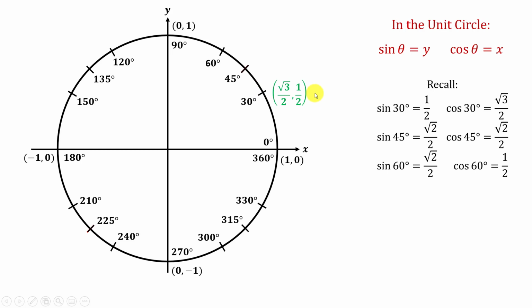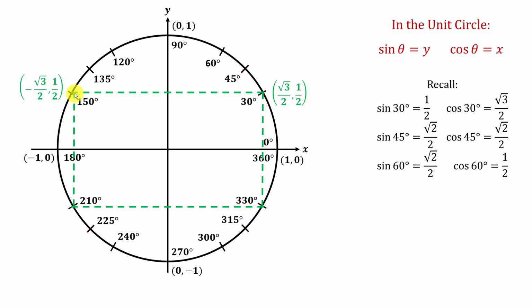Because of the symmetry of the unit circle, once we identify the x and y coordinates of a point in quadrant 1, these coordinates can be duplicated around the unit circle at each related angle measure. In other words, we can identify the coordinates of a point that sits on the terminal side of an angle that measures 150 degrees, the related angle. And because of the symmetry, the numerical parts of the coordinates will be the same, we just have to adjust the signs.